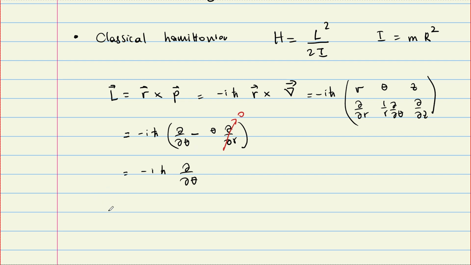Now we want to introduce the vector potential. In this case, L is going to be R cross P minus Q over C A, and there are other components, but we care about the theta component. Theta times, let me write it like theta hat, and this P we already found is going to be minus I h bar del over del theta. Actually, let me combine everything, this is going to be the theta component.